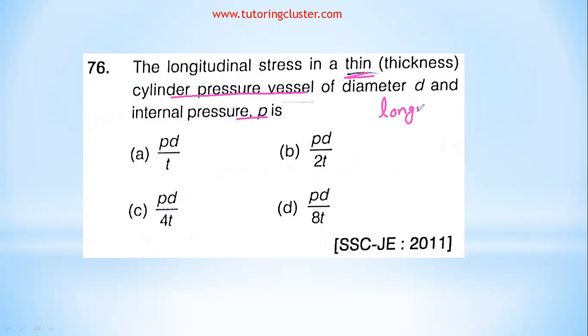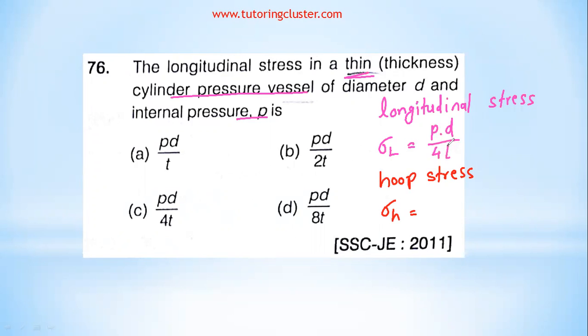One is longitudinal stress, which is denoted by sigma L, and another one is hoop stress, which is also called circumferential stress, denoted by sigma H. Now you have to remember the formula for both. Longitudinal stress is given by P into D upon 4T, while hoop stress is given by P into D upon 2T. P is pressure, D is diameter of pressure vessel, T is thickness.